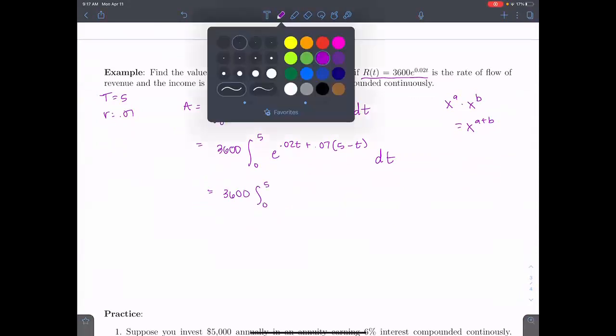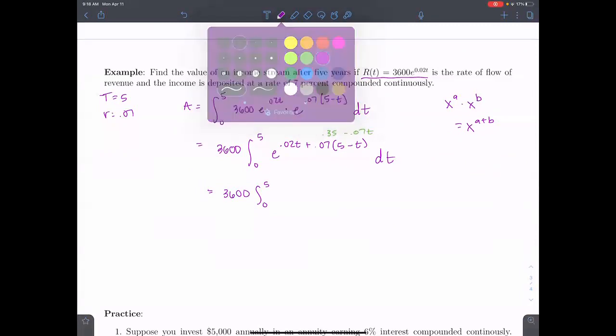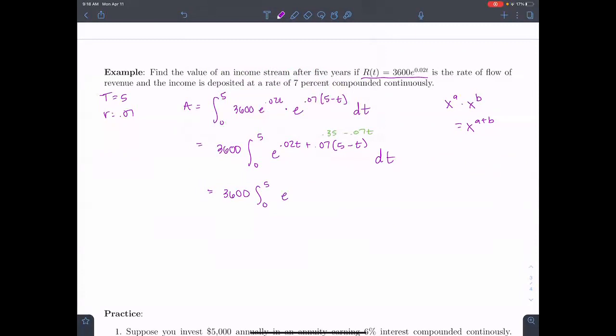0.07 times 5 is 0.35, so that's 0.35 minus 0.07t. Combining those like terms, we'd have e to the negative 0.05t plus 0.35, dt.